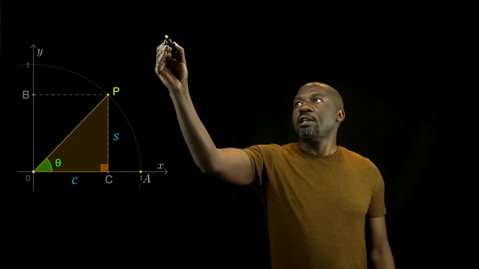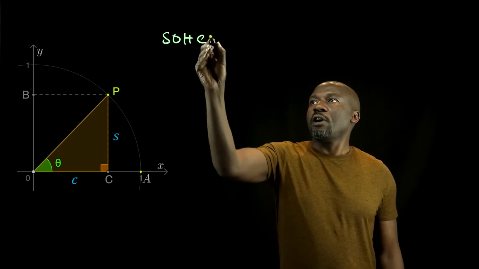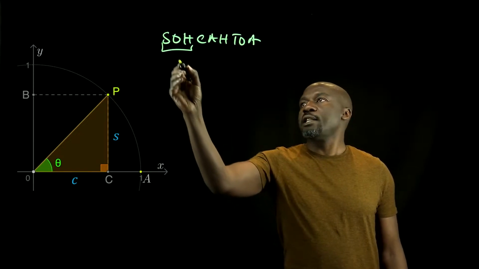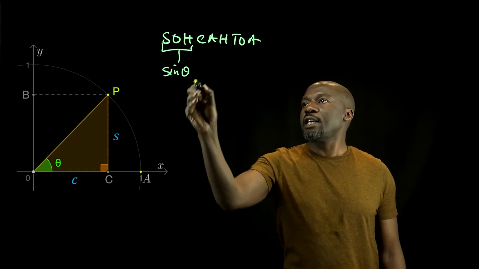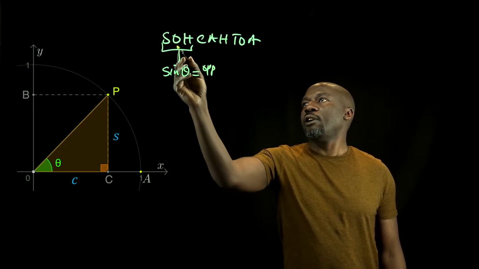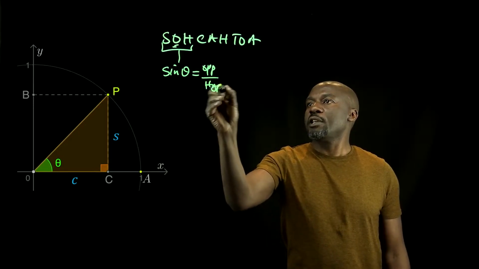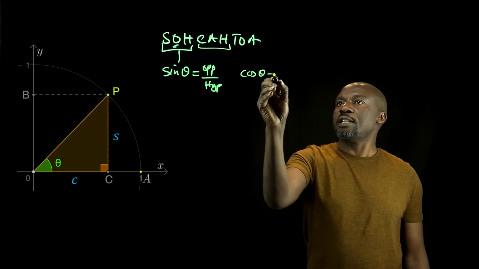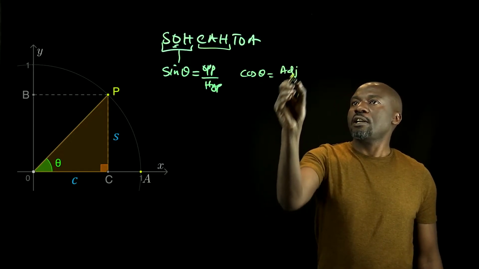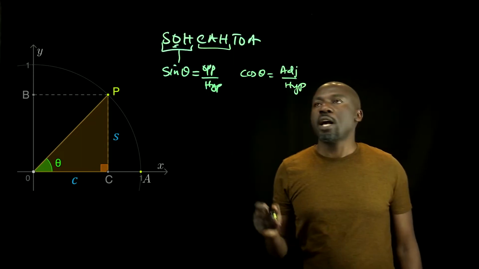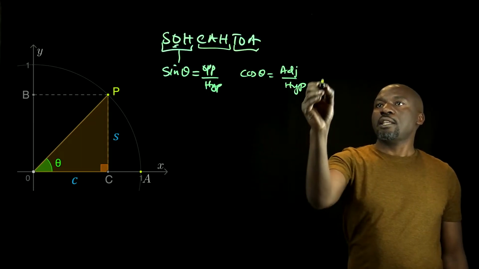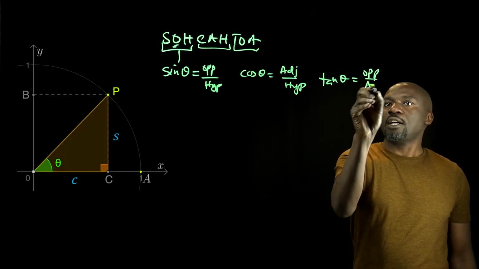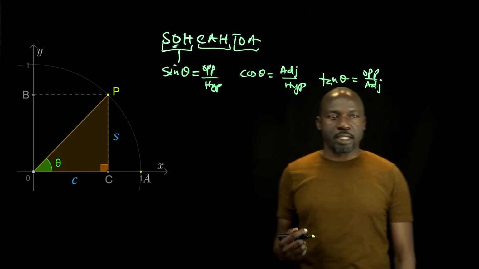SOHCAHTOA implies that the sine of an angle theta is the opposite over the hypotenuse. So this we know. This says that cosine of theta is adjacent over hypotenuse, and this says that tan of theta is opposite over adjacent.